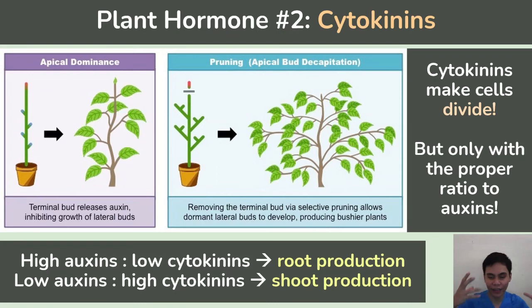So you don't see very thick, stout trees unless they are pruned. So pruning is the decapitation of the apical tip, which removes a lot of the auxin producing cells in the apical bud. So that creates more cytokinins as compared to auxins, creating more lateral dominance, meaning there's more branches instead.